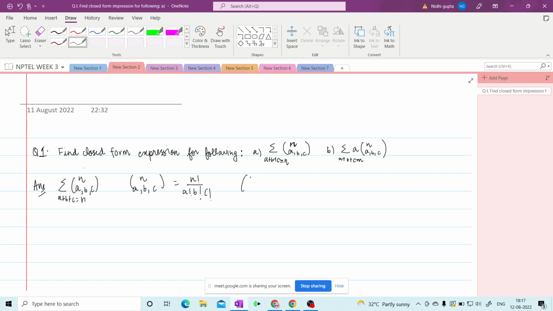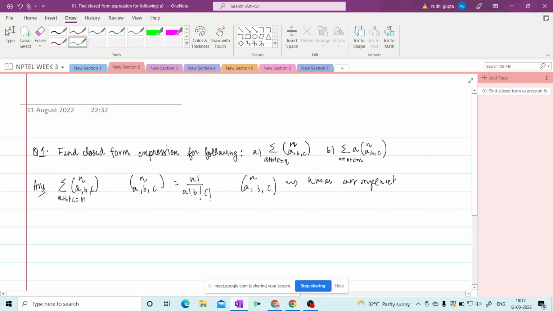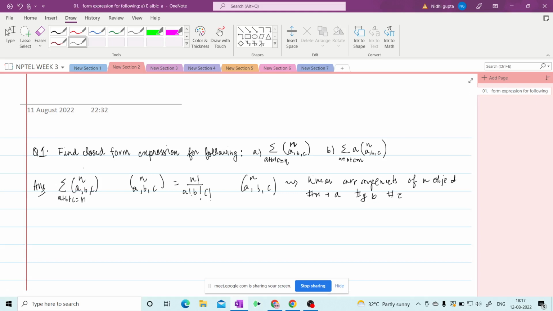So we earlier defined that n choose a, b, c depicts linear arrangements of n objects, where suppose the number of x is a, the number of y is b, and the number of z is c.